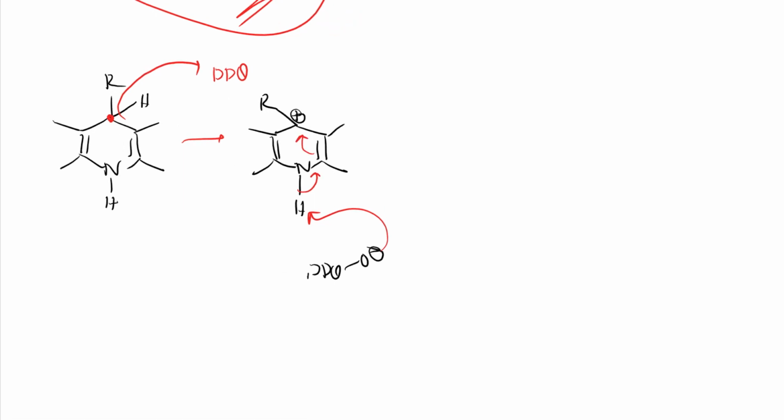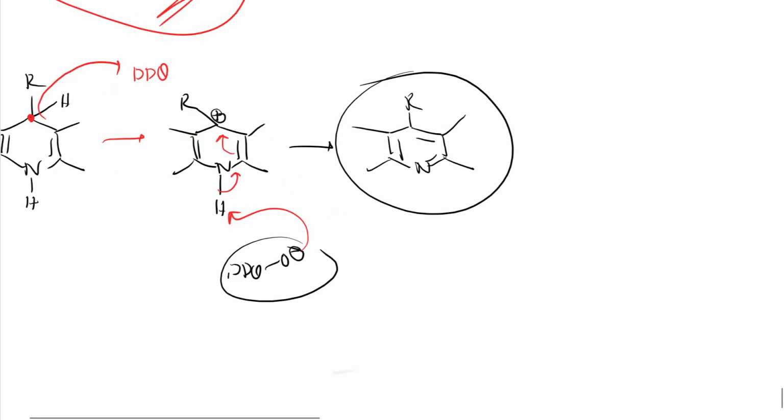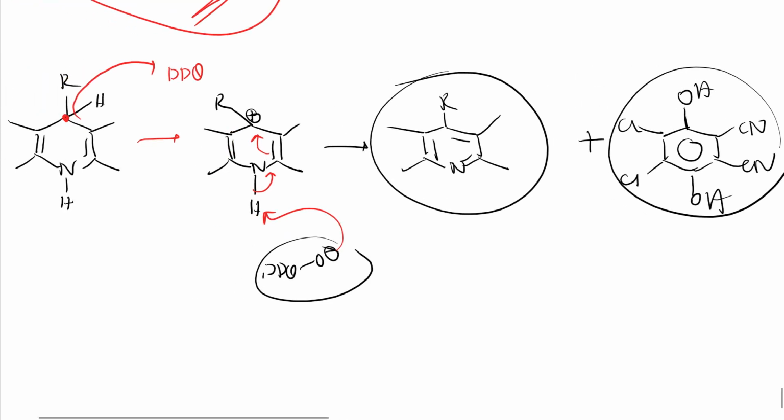So I'll get this product here, nitrogen, double bond, double bond, double bond, R, methyl, methyl, methyl, methyl, like this. So it is also aromatic, and DDQ also became aromatic, right? So DDQ became aromatic means you should be able to write the structure of DDQ. It will be like this: CN aromatic now, CN, Cl, Cl, OH, and OH. So this is how the reaction happens.